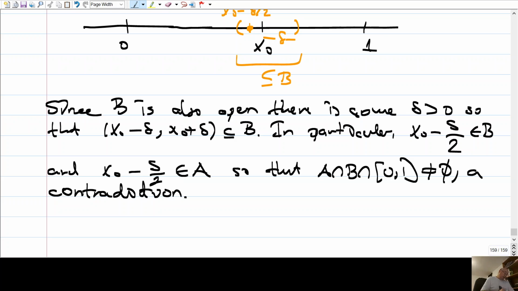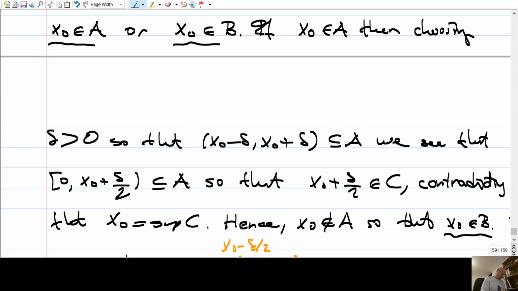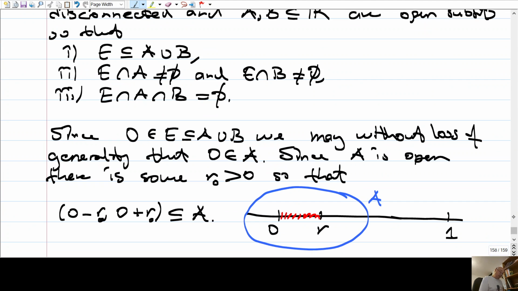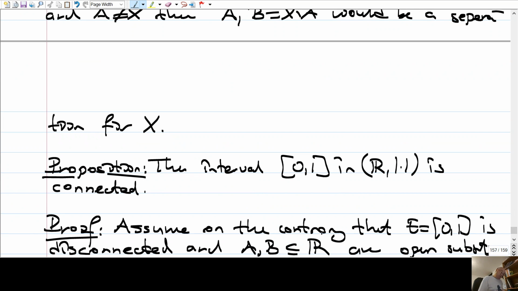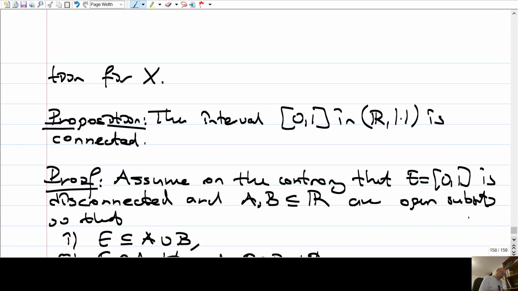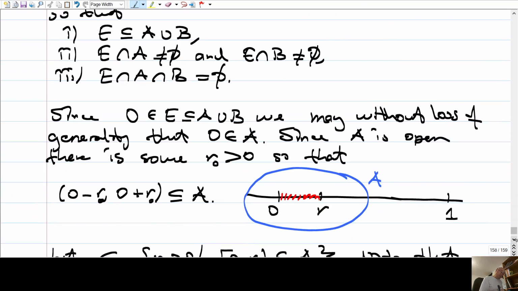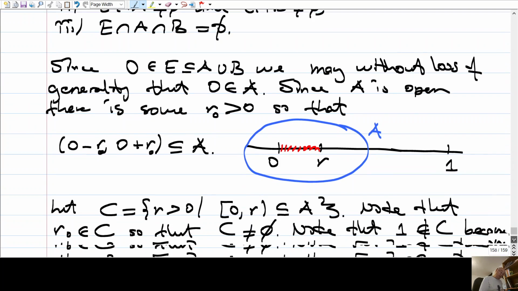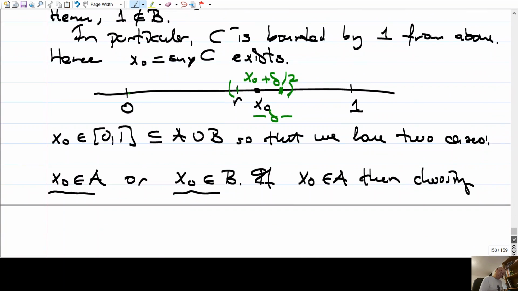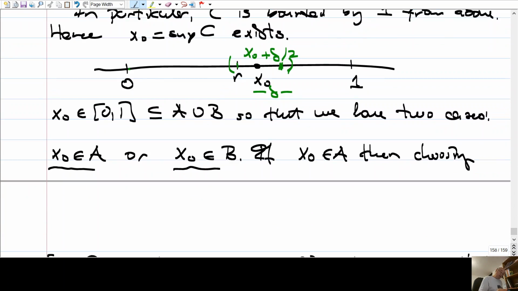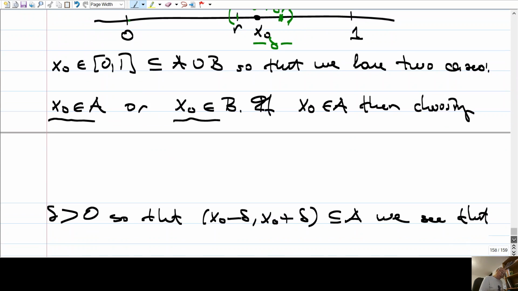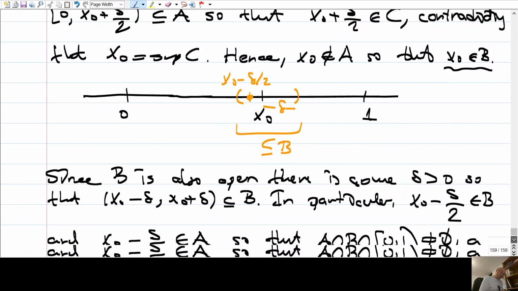Okay. So what did we see then? If we assume that this set is disconnected, we ended up with a contradiction, right? Here we had two cases, but each one led us to a contradiction.